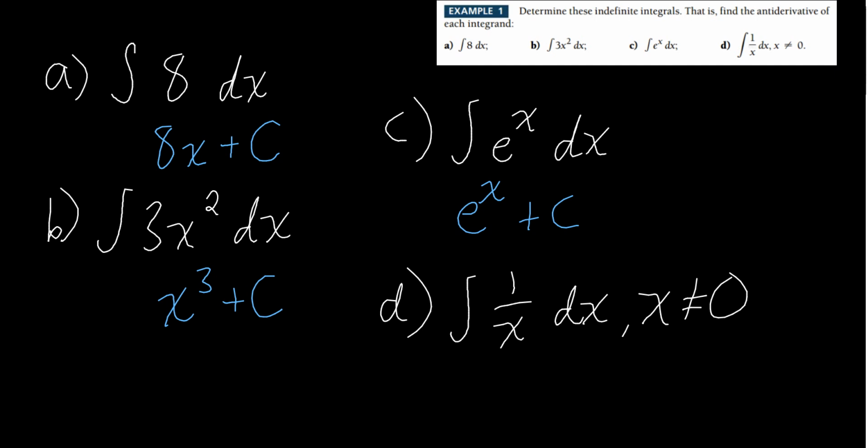So this is simply the natural log of x, and then again, plus c. Working this backwards, we know that the derivative of the natural log of x was 1 over x, or depending on what the x was, 1 over that argument.